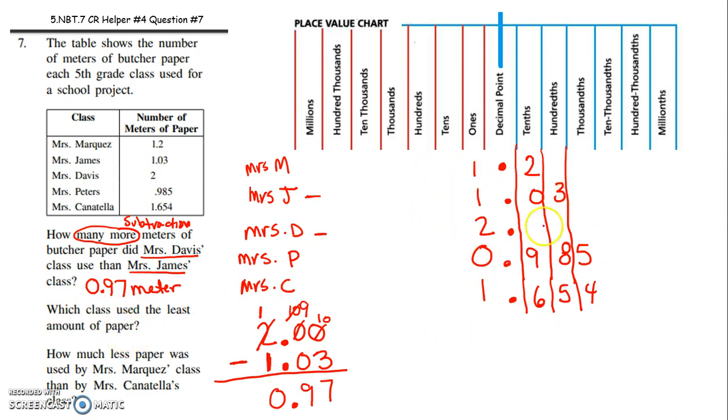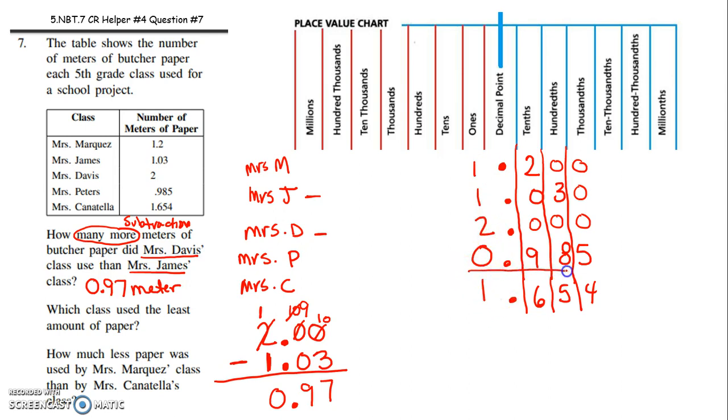I love that our decimals are already all lined up. I'm going to put zeros in as placeholders. Least amount of paper. Well, here's the dealio. All of these numbers have 1 point something, 2 point something, 1 point something. So as soon as I see a 0 in the ones place, that's definitely lower than 1 point something or 2 point something.